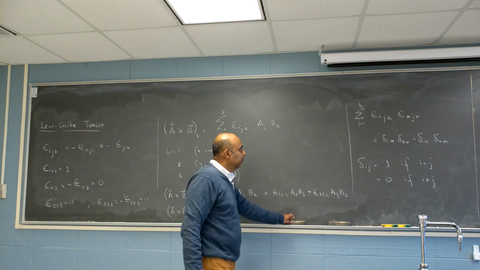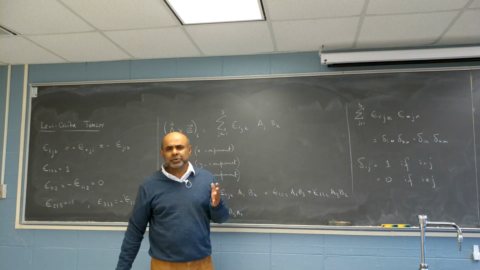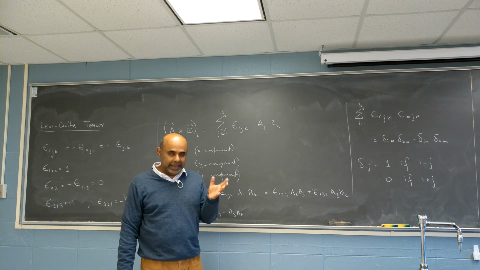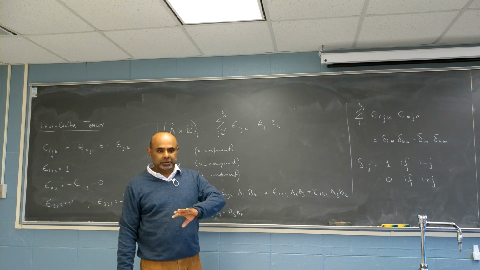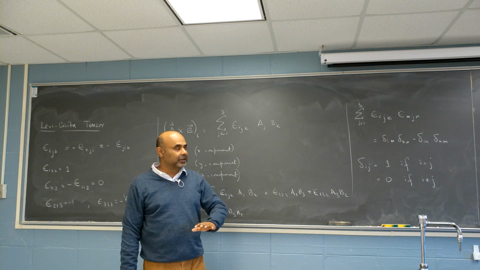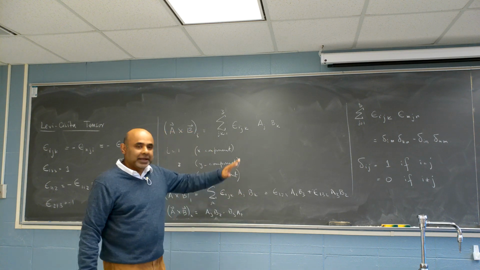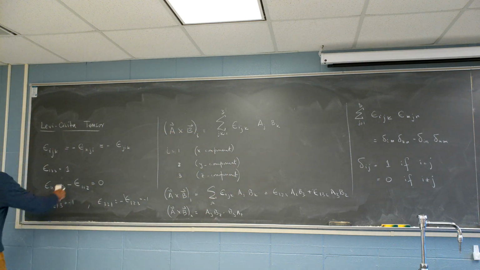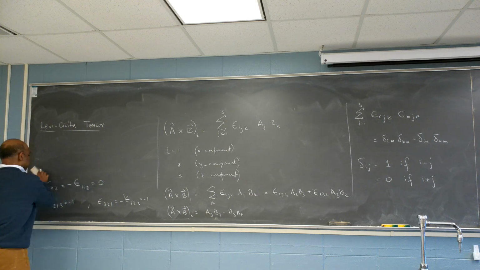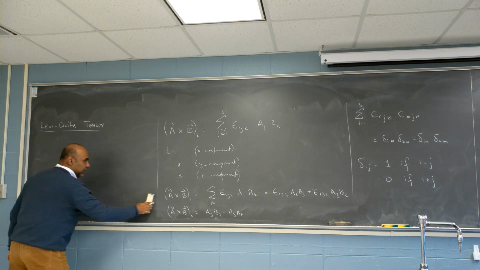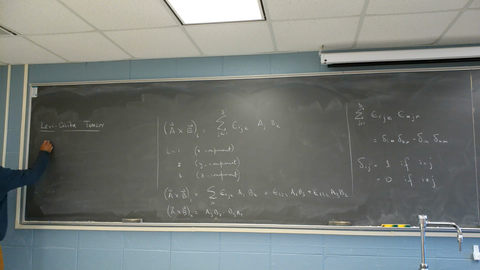Let me write it out. Again, don't stress over it for two reasons. A, this is a new idea you're seeing for the first time. B, it's kind of fun if you look at it as a puzzle. So let me give you a motivation. There's no big proof to it, really.